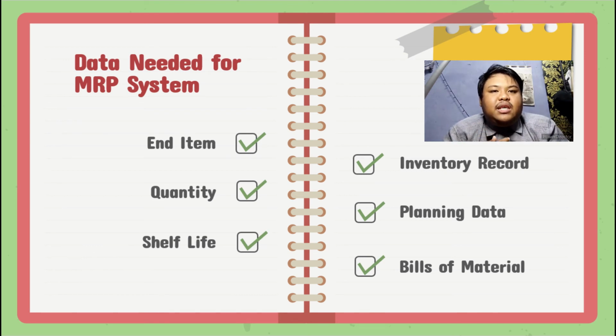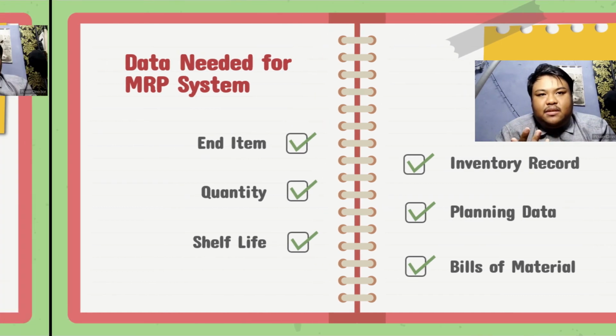And the last one is bills of materials. The system requires detailed accounts of material and components used to make each of the products. So after inputting all the data into the system, it can be run in a business.